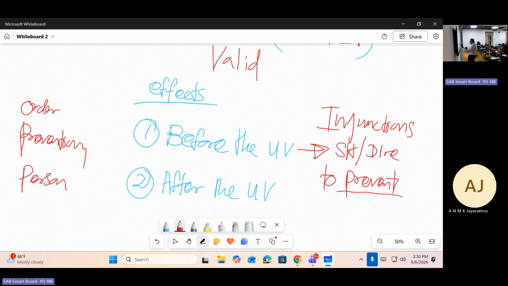Here the person is the legal person, the company.